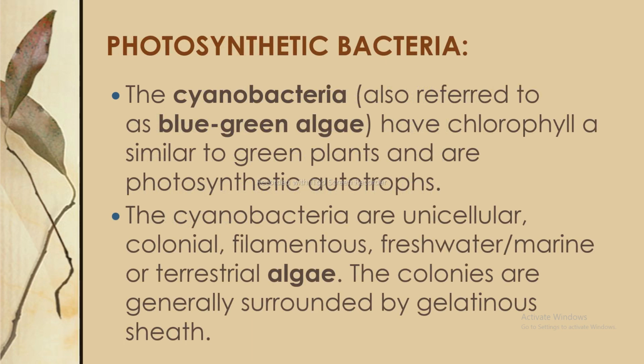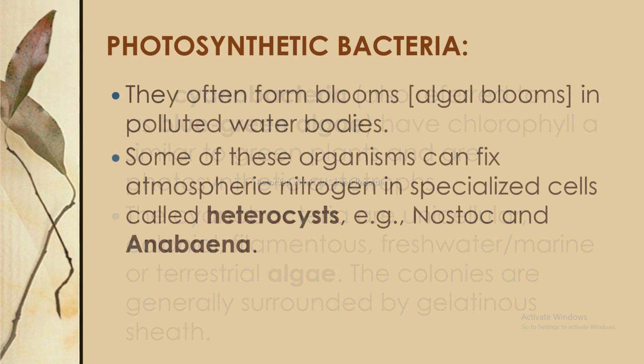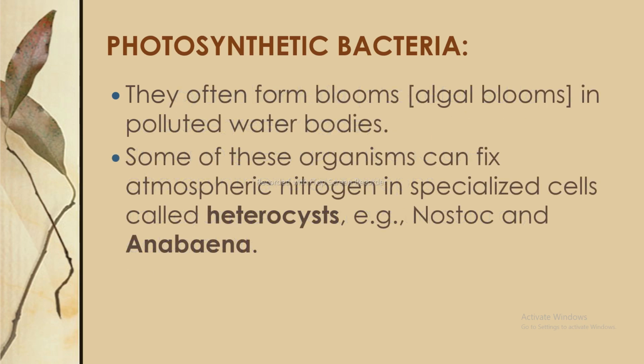The cyanobacteria are unicellular, colonial, filamentous, freshwater, marine, or terrestrial algae. The colonies are generally surrounded by a gelatinous sheath. They often form algal blooms in polluted water bodies. Some of these organisms can fix atmospheric nitrogen in specialized cells called heterocysts, for example Nostoc and Anabaena.